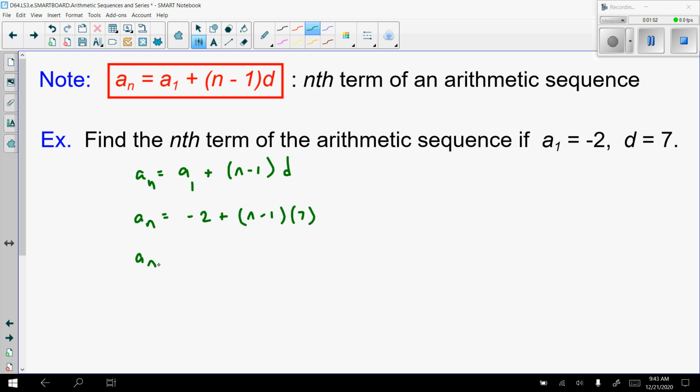Let's go ahead and simplify this out. You can distribute that 7, and that means I get a sub n equals 7n minus 9. So this would be the nth term of this arithmetic sequence. Please move on to the next slide.